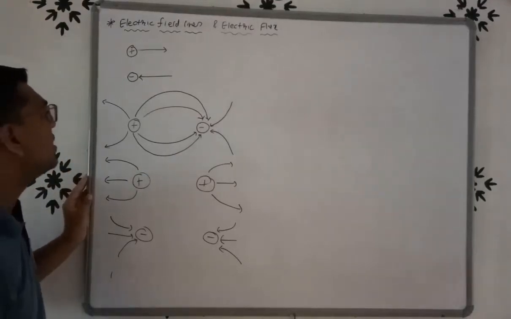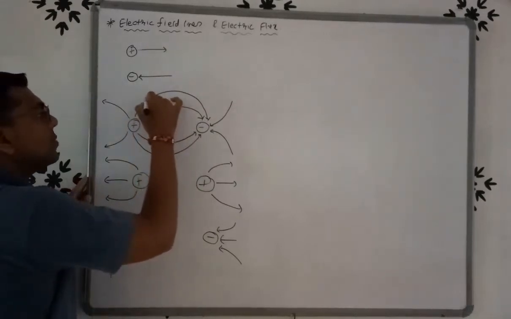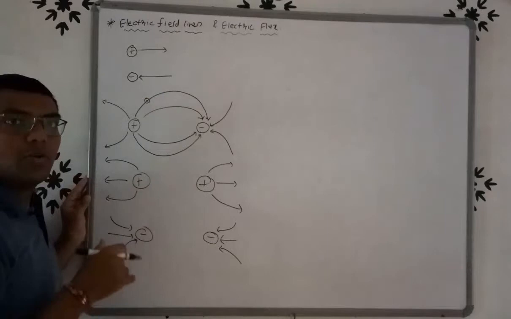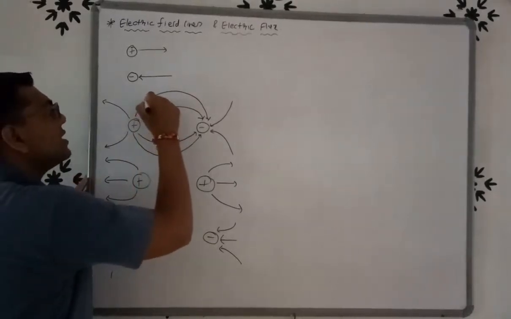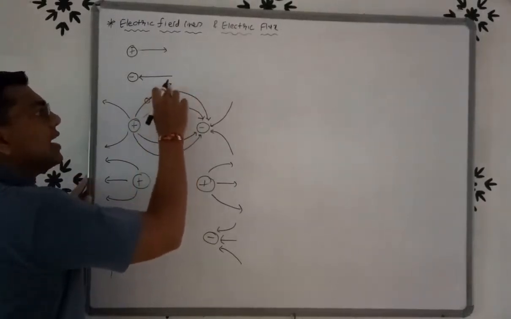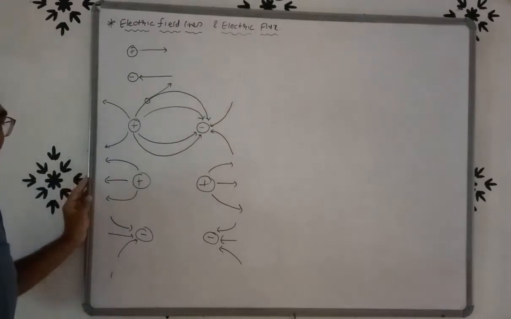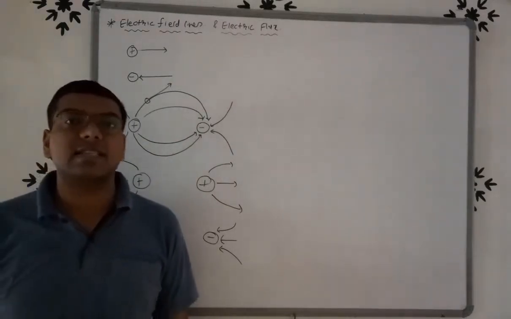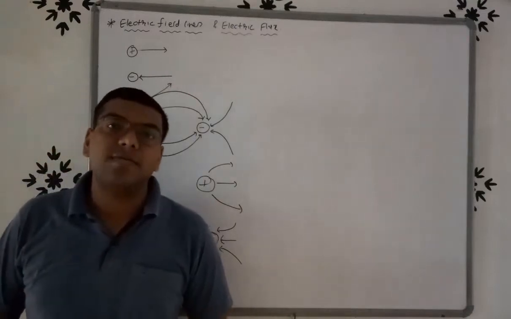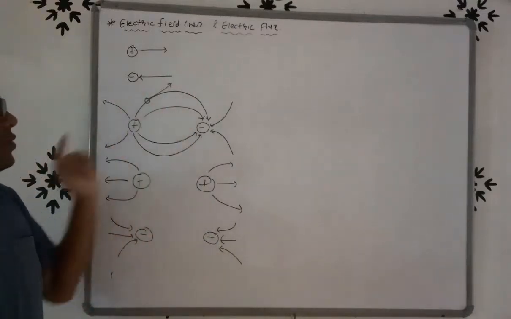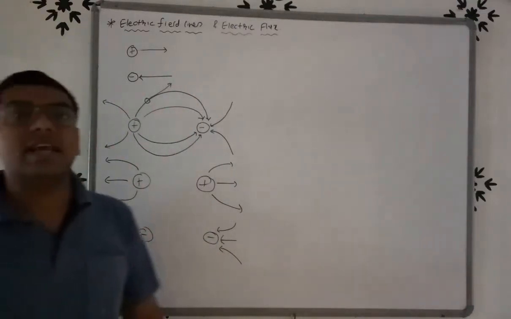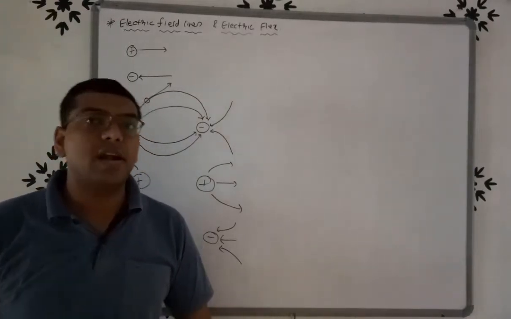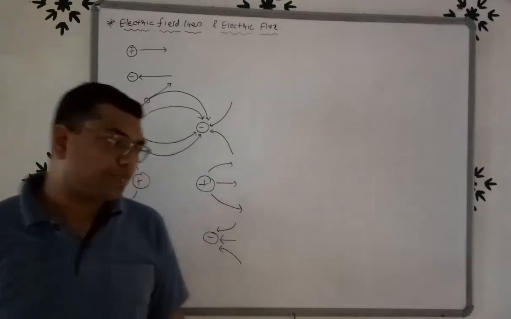Suppose at this point we want to draw a tangent. The tangent is like this. So this tangent gives the direction of electric field.